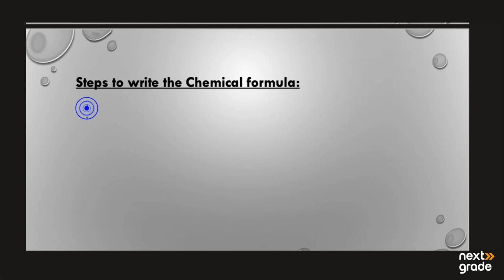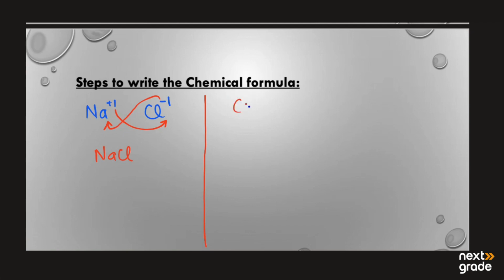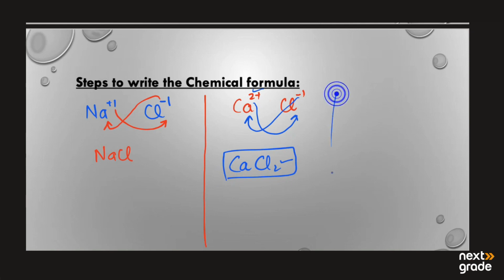For example, we have sodium +1 and chlorine -1, so we bring their valencies down, giving NaCl. For the second example, calcium chloride, calcium has +2 and chlorine has -1. We move the valency of chlorine down to calcium and the valency of calcium down to chlorine. We do not write the 1, we just write the 2. So the formula of calcium chloride is CaCl2.